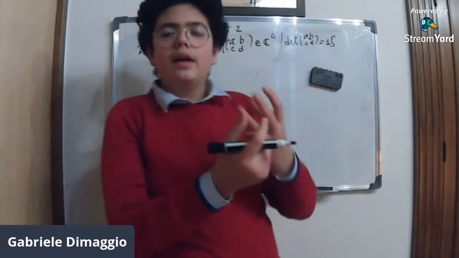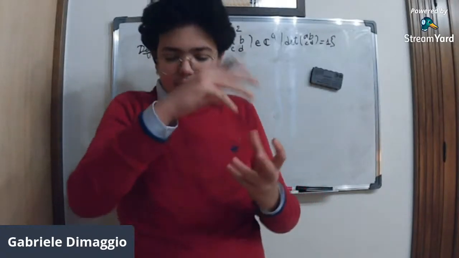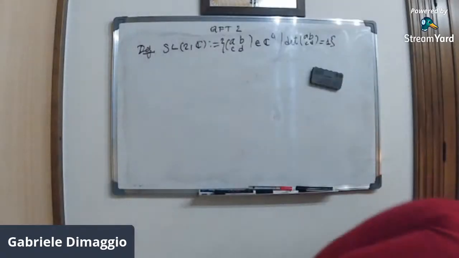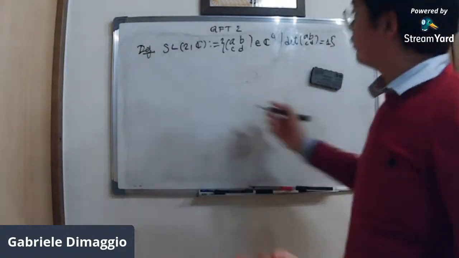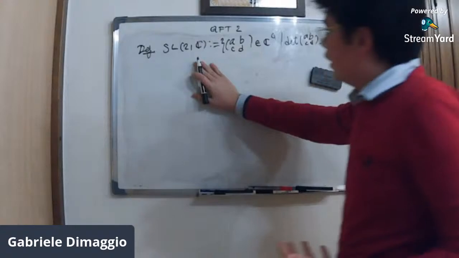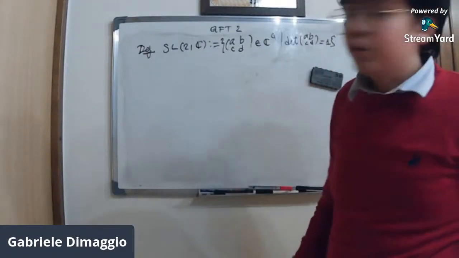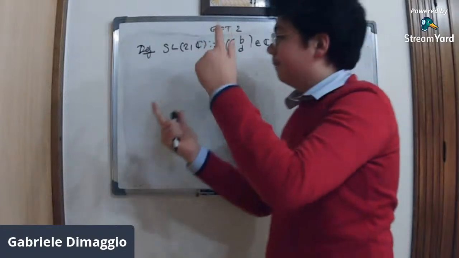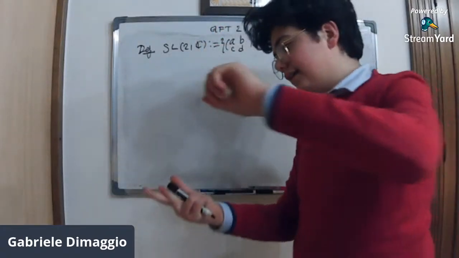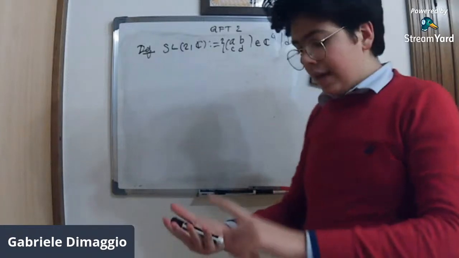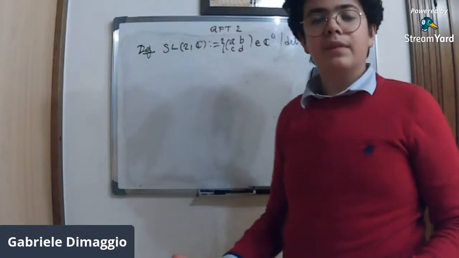So SL(2,C), since it's a Lie group, is a set, a topological space, a topological manifold, a differentiable manifold, and so a Lie group.